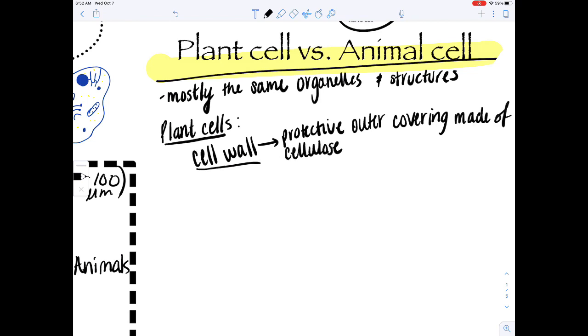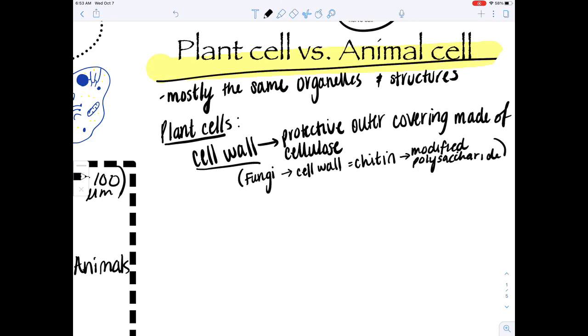Another structure we're going to see in plant cells and not animal cells is chloroplasts. Your chloroplasts in plant cells contain chlorophyll, which is your light capturing pigment. This is what gives plants their unique green color. Okay, within our chlorophyll, we're going to have thylakoids and stroma.